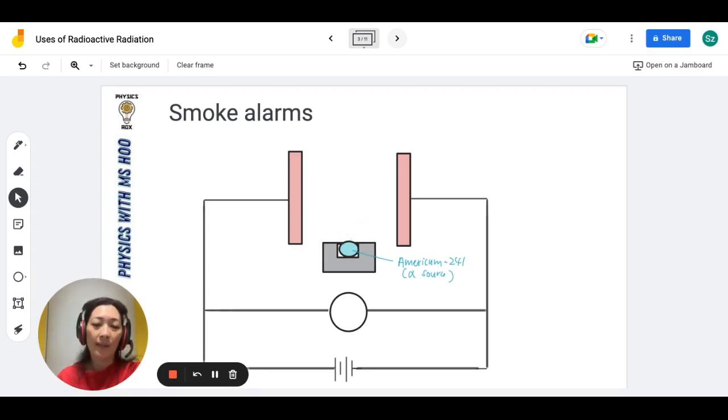Now, why do we use an alpha source? Because alpha has the greatest ionizing power. So when americium-241 releases alpha particles, the alpha particles will ionize the air particles over here. The air particles, which I'm going to draw in green, will become ions, positive and negative.